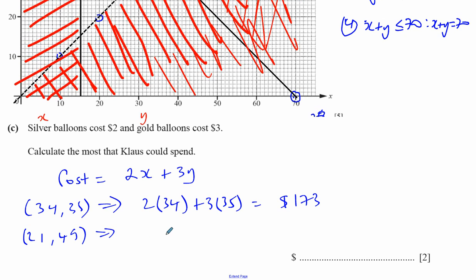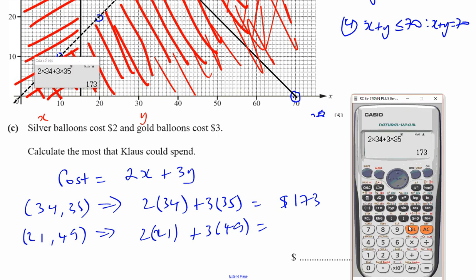So now you've got 2 times 21 plus 3 times 49. Now we're going to see which one of these gives us the highest value. You've got 173 for one of them, and for the other, let's change it from here.